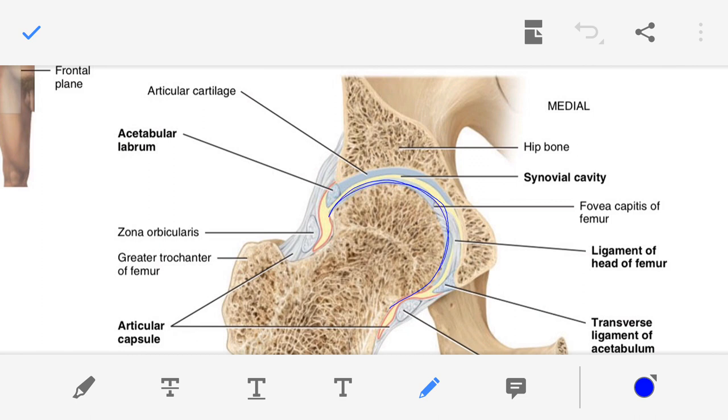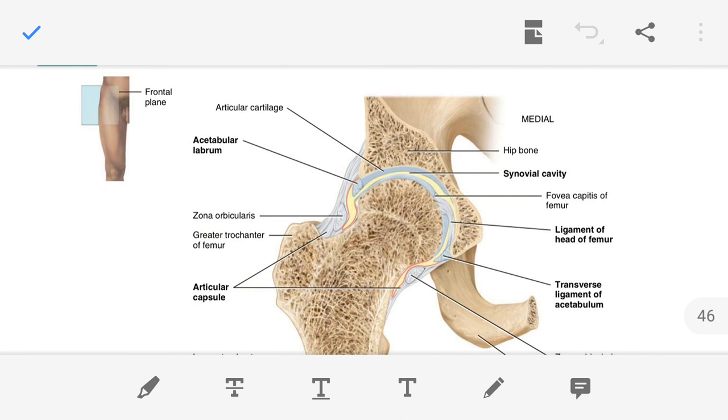This one is the head of the femur, and this is the acetabulum of the hip bone. So the ball-like head fits into the acetabulum, and the joint formed between the head of the femur and the cup-like acetabulum is a ball and socket joint, and this is the hip joint. So the hip joint is also an example of a synovial joint.